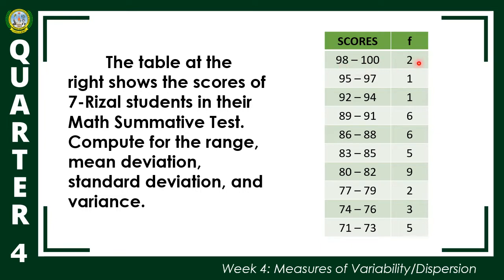So 2 students got scores of 98 to 100. One student got a score of 95 to 97. And of course, hindi natin alam what exactly their scores are. Okay? Kasi naka-class interval po siya. So, paano natin kukumputin ang mga ito?